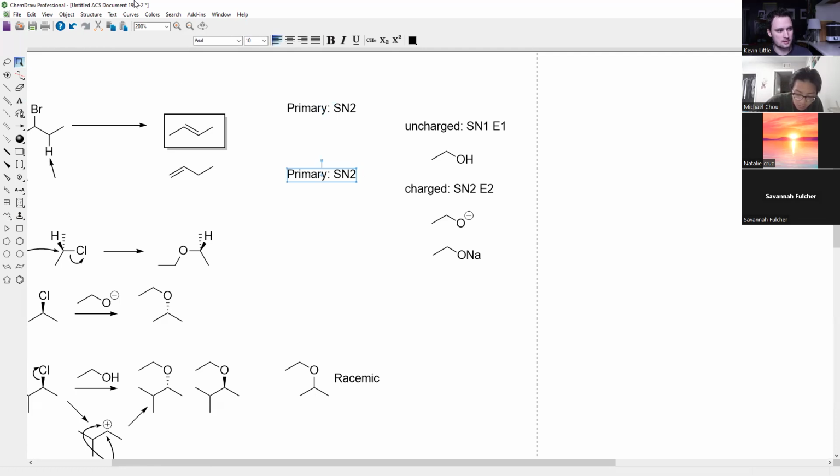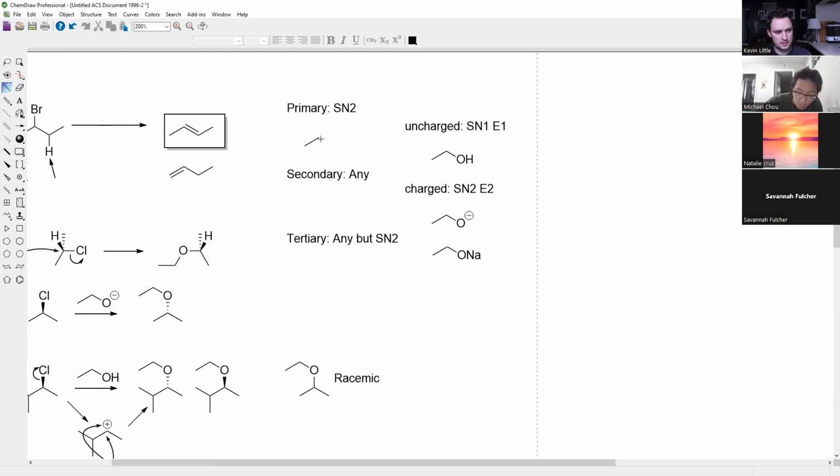Secondary, I'm going to draw them for you in a second, can be any of them. Secondary is tricky, that's why I teach it last. And then tertiary is any but SN2. So you don't get any SN2, but you can get E1, E2.